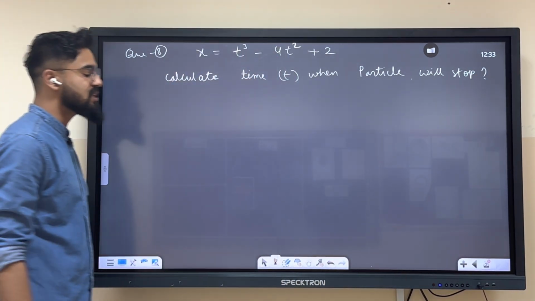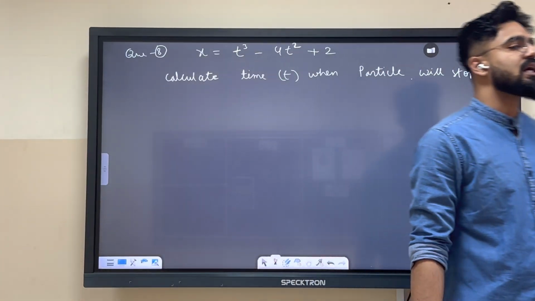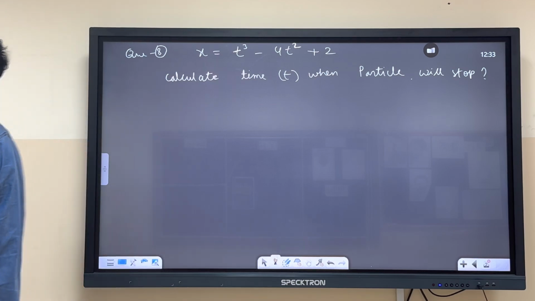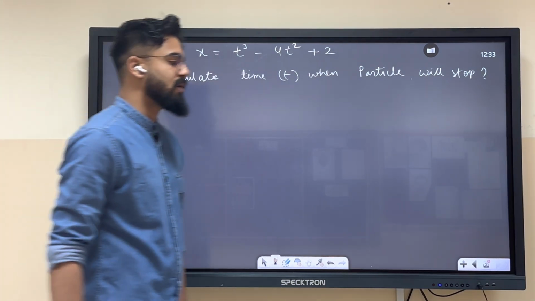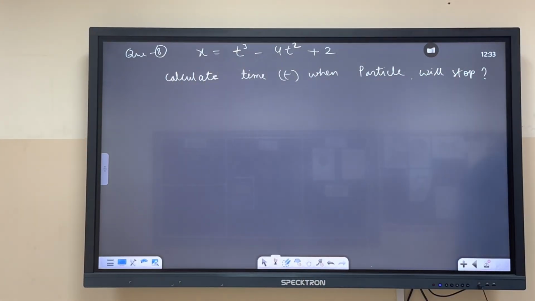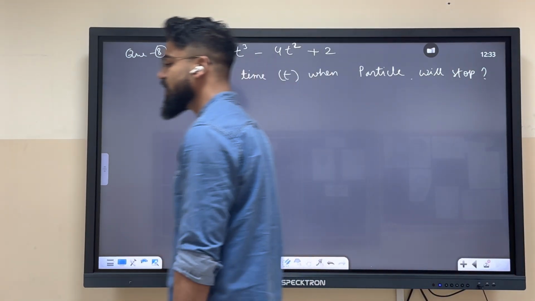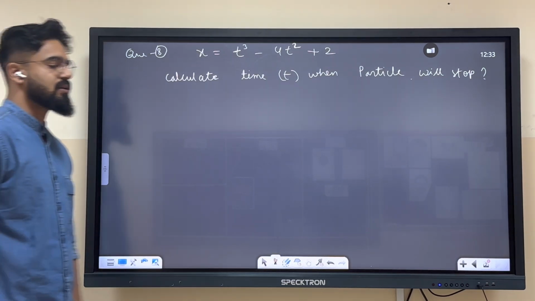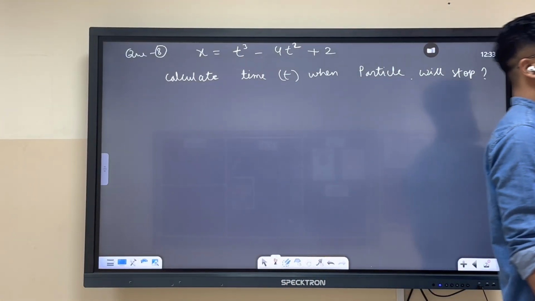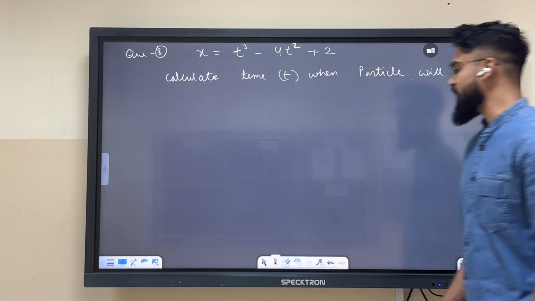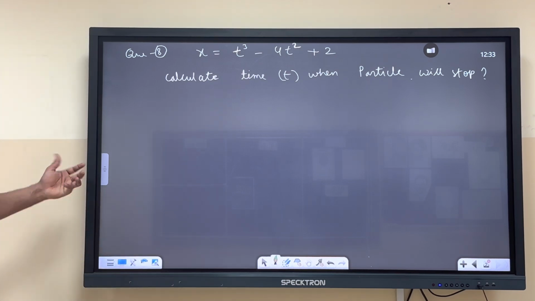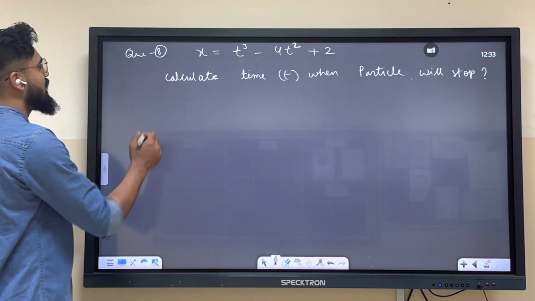If the particle is at rest, what is 0, acceleration or velocity? Think about it. They are asking at what time the particle will be at rest, when it will stop. So we have to calculate that time. So it means velocity should be 0. Correct? So we are asking at what point velocity is 0. ठीक है, चलो.